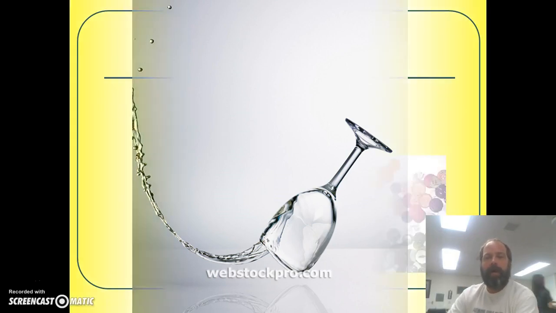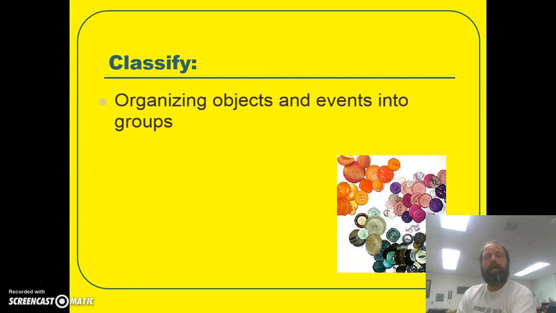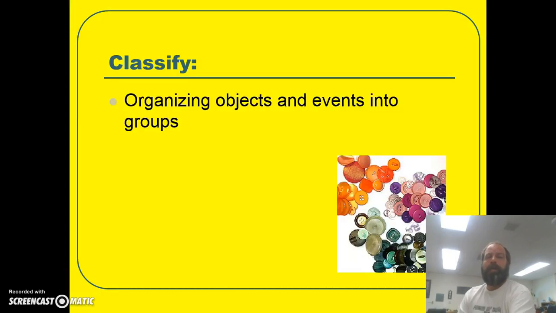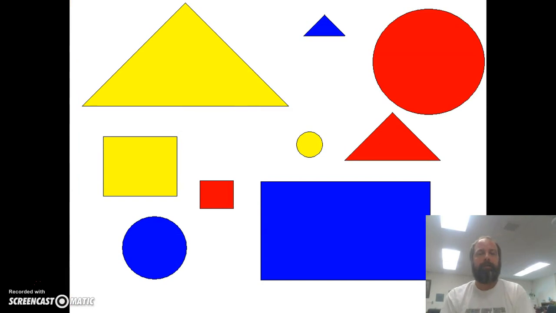All right, welcome back. And scientists also classify things. Scientists organize things into groups or events, okay? And what I want you guys to do is take a moment to classify these objects into 3 different categories. So you can pause it now.